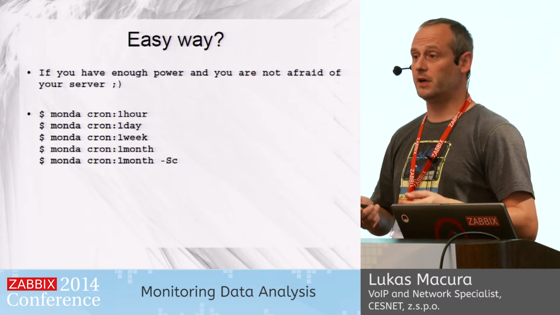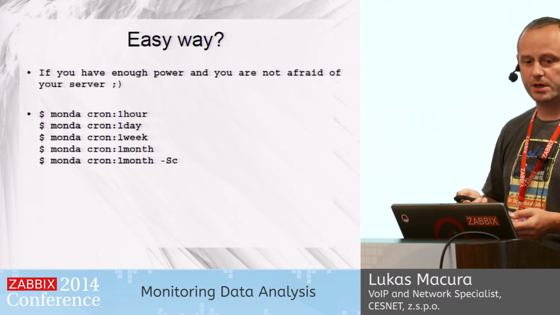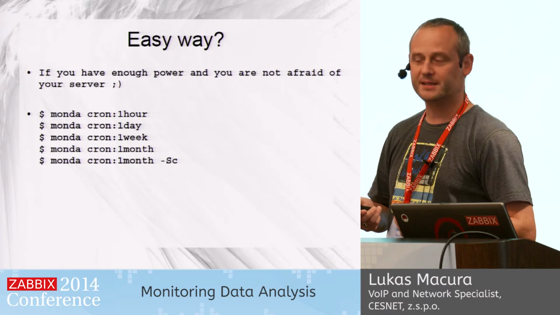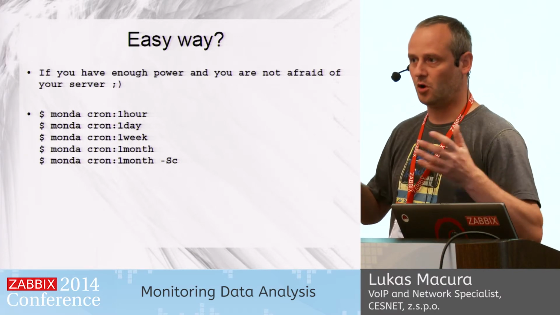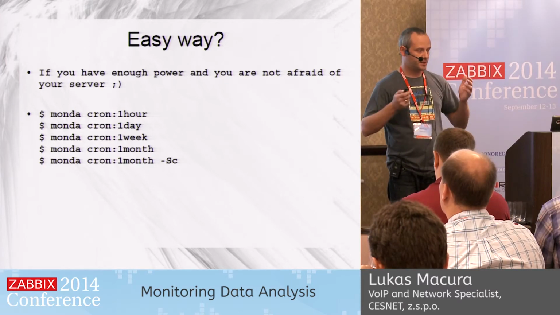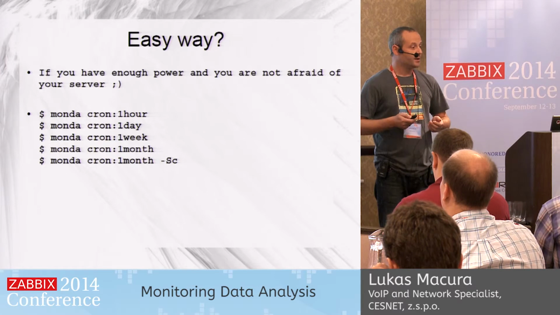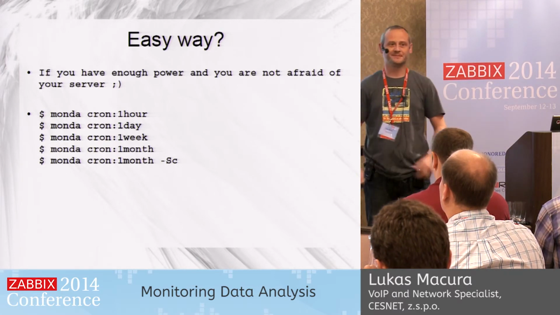If you are strong enough, you're not afraid and you are a big man, you can try these commands, and it will do everything that's needed to compute the statistics. But take care of the health of your server. Okay? That's all.